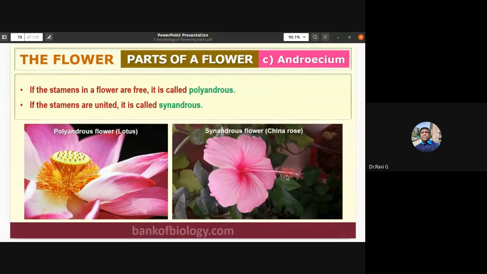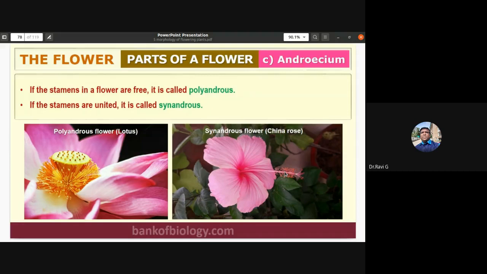Monoadelphous especially we call here. Adelphous means in an androecium, if only the filaments are fused and anthers are free, we call it adelphous. And in the case of China rose, the hibiscus, you can see only one bundle formed by the fusion of the filaments. That's the staminal tube. So we call this monoadelphous.